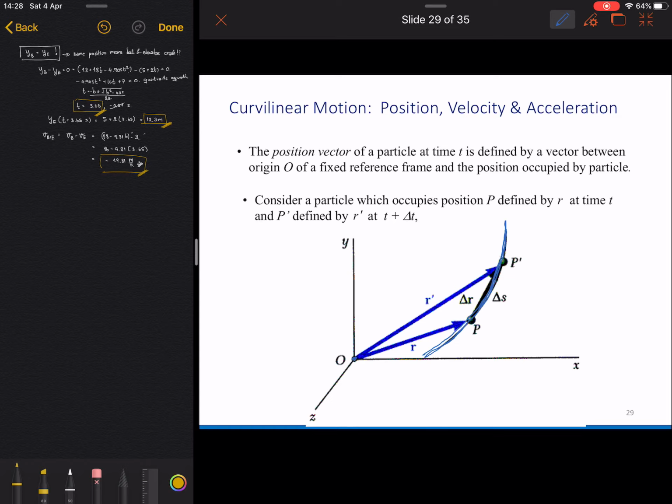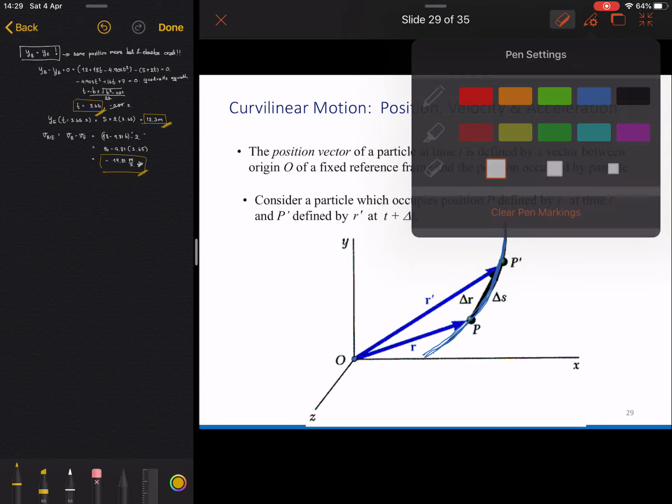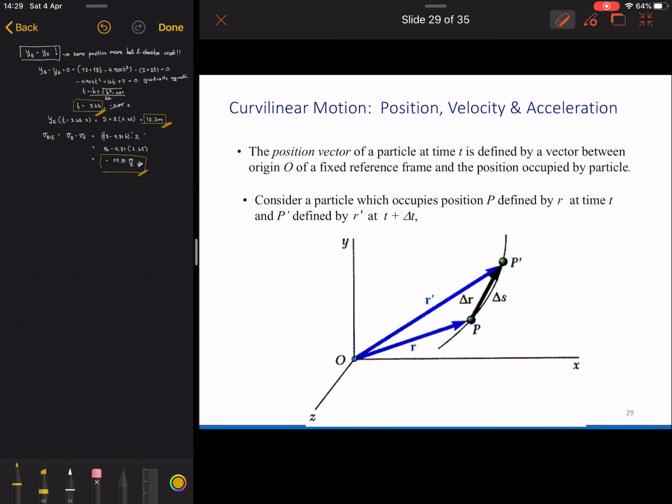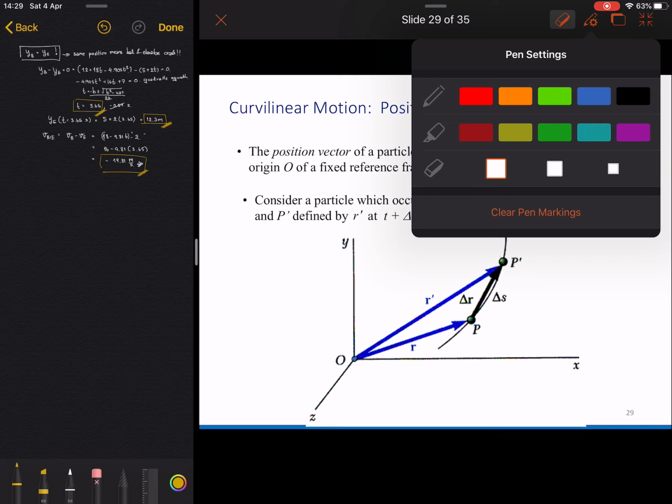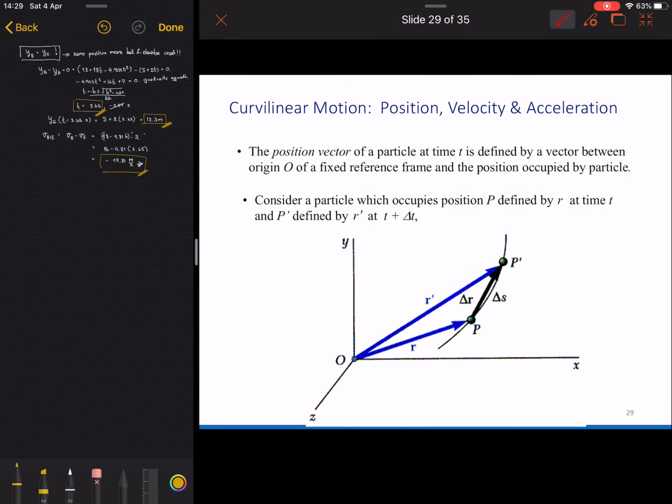Okay, but in this case we wrote 3, and then when we have this curve, the curvilinear motion is just the position on this curve. When time passes, for example, this is t1, this is t2, it moved from this point to this point on this curve R.